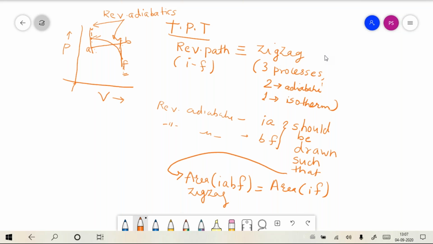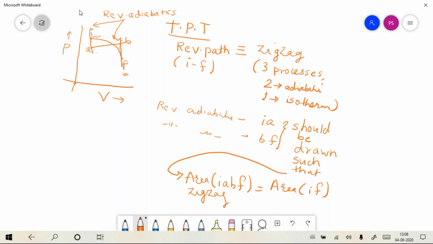Now for that, what I need to do is select the reversible adiabatics in a manner such that the area under IABF is the same as the area under I2F.